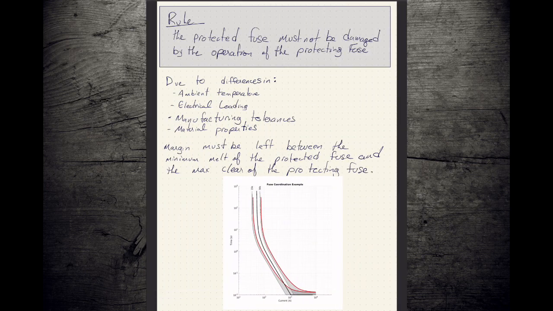Another thing that we have to keep in mind is manufacturing tolerances. So these fuses are made cheap, right? They're mass produced and standardized across manufacturers. A lot of times they're purchased from the company that's going to give the utility the best price because the utility buys a lot of them.